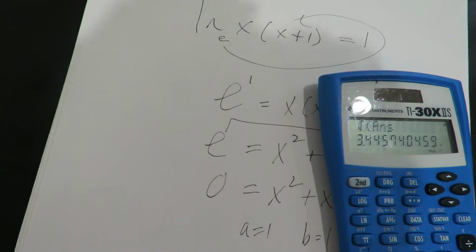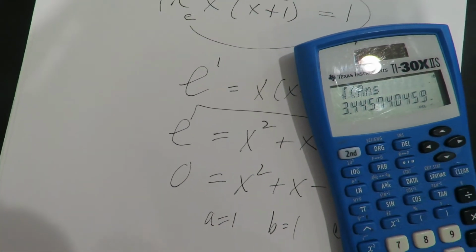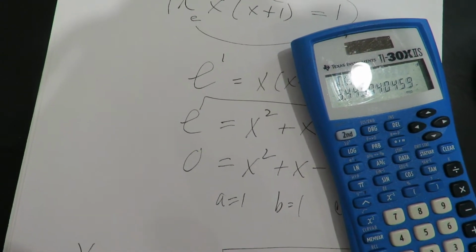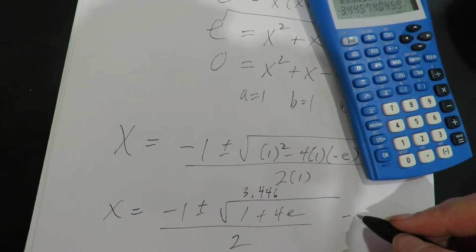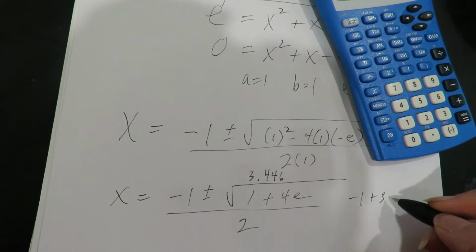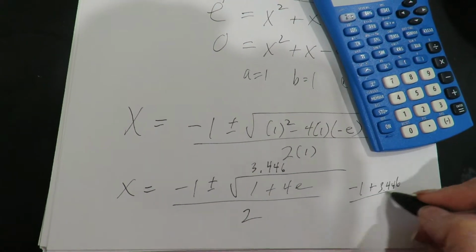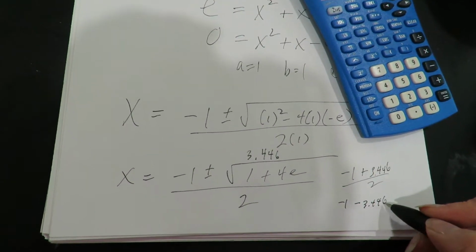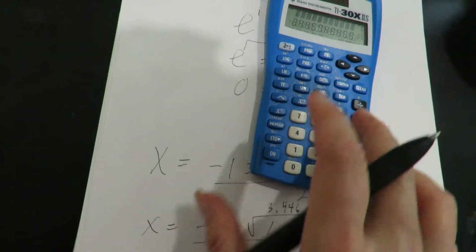All right, so this guy here is about 3.446. So why don't we just do negative 1 plus 3.446 over 2 and negative 1 minus 3.446 over 2.